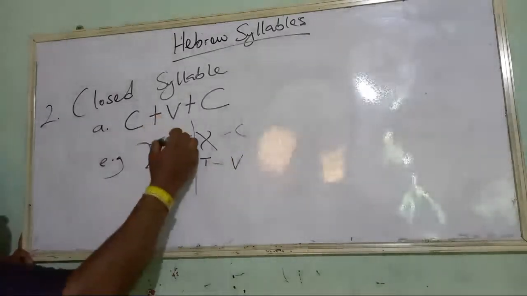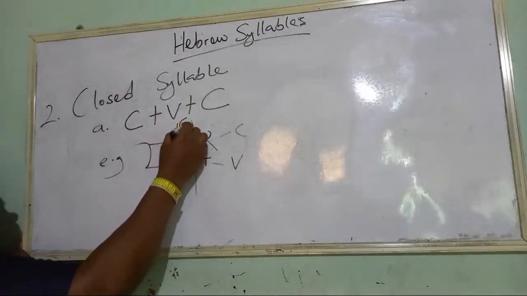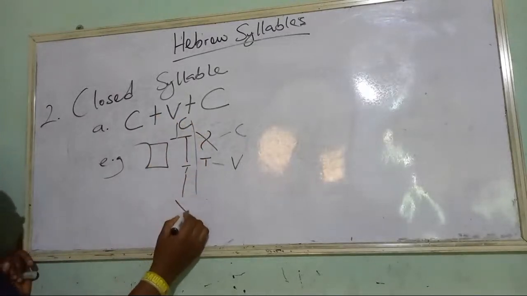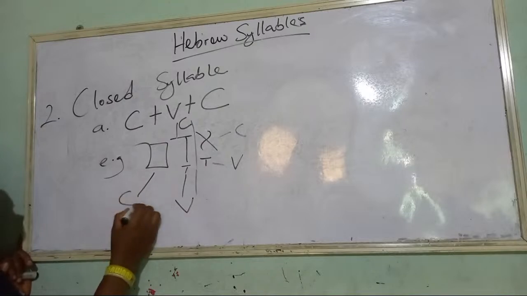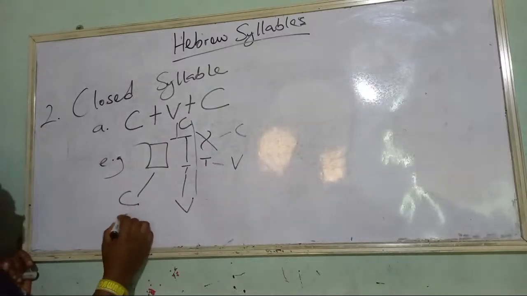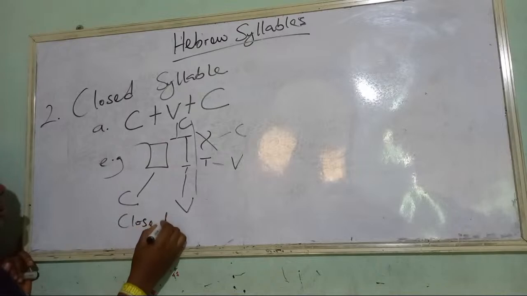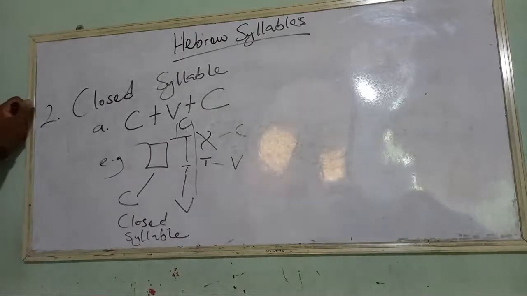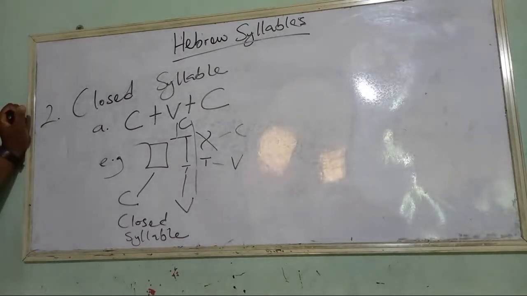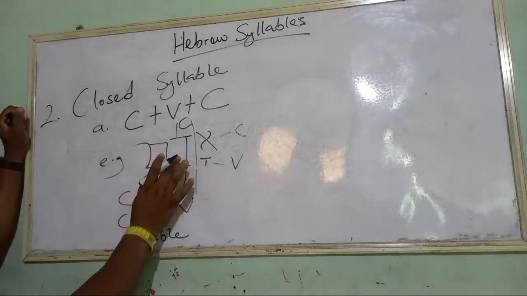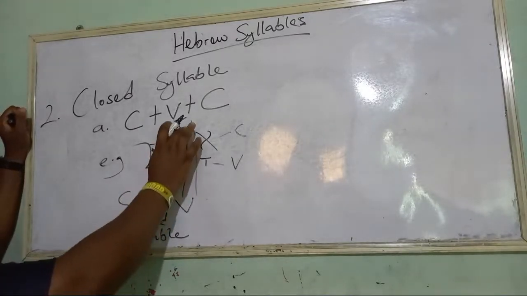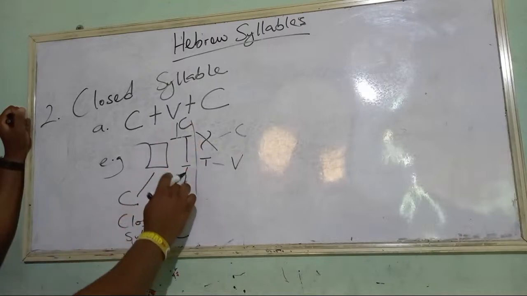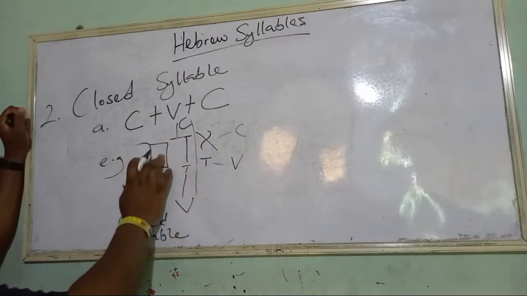But the second one, we have consonant plus vowel plus consonant. So this last one is a closed syllable. Dam is a closed syllable because it has consonant, vowel, consonant.